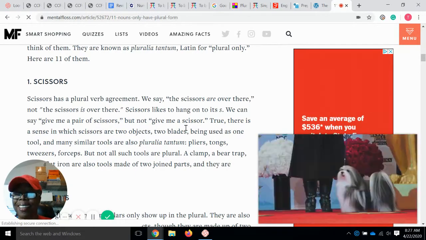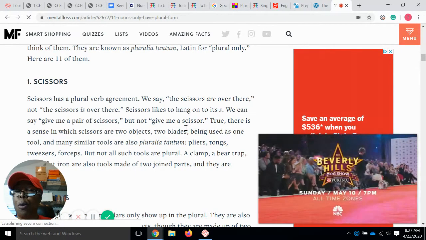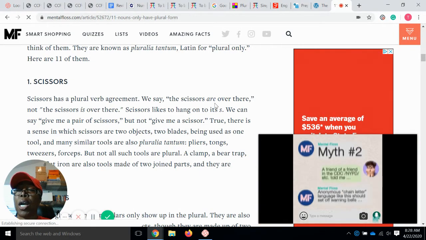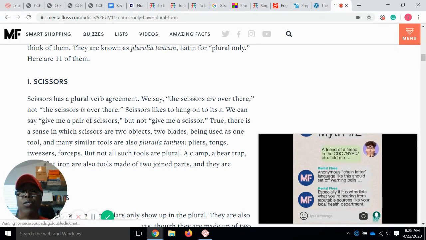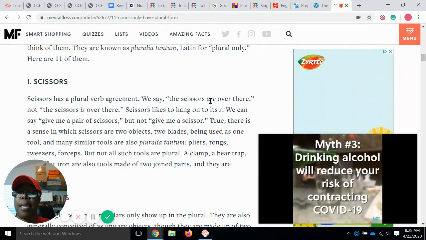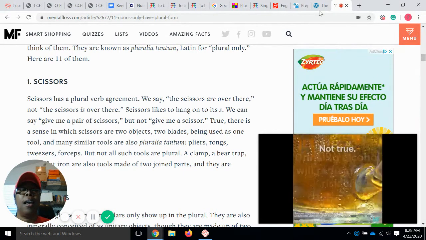So there's no singular form. Scissors has a plural verb agreement. So we say the scissors are over there, not the scissors is. We use the plural form of the verb to be, okay?